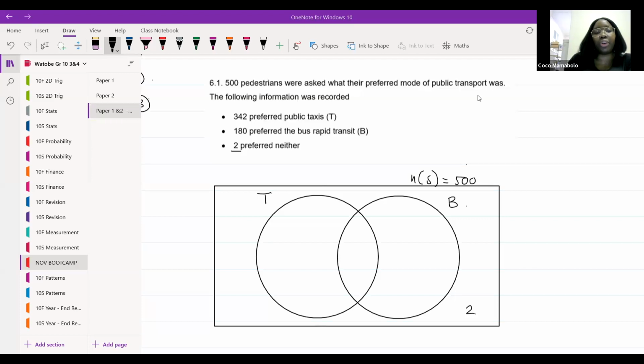Now, they said 342 people preferred public taxis, 180 preferred bus rapid transit, but they don't tell us how many of them preferred both.